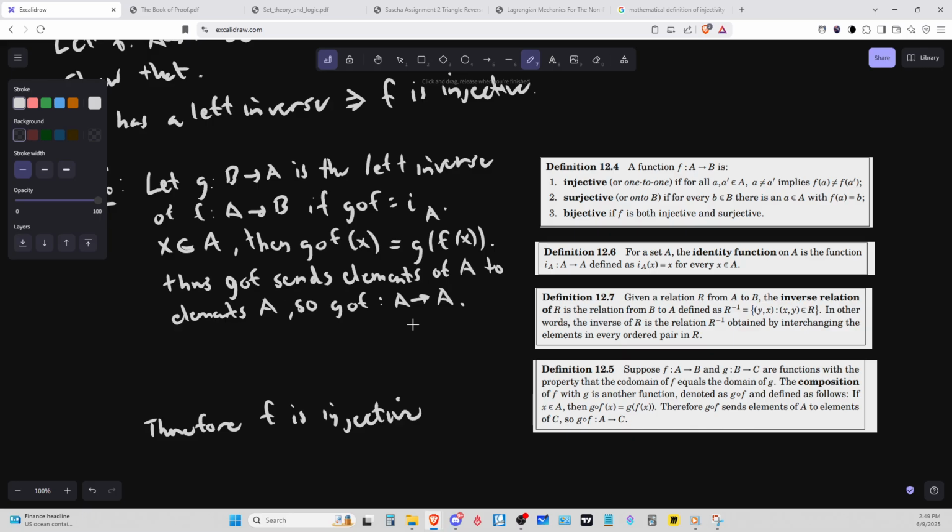Let's go from A, so A, which is the definition of the identity function. Okay, so we prove it has a left inverse. Did we?